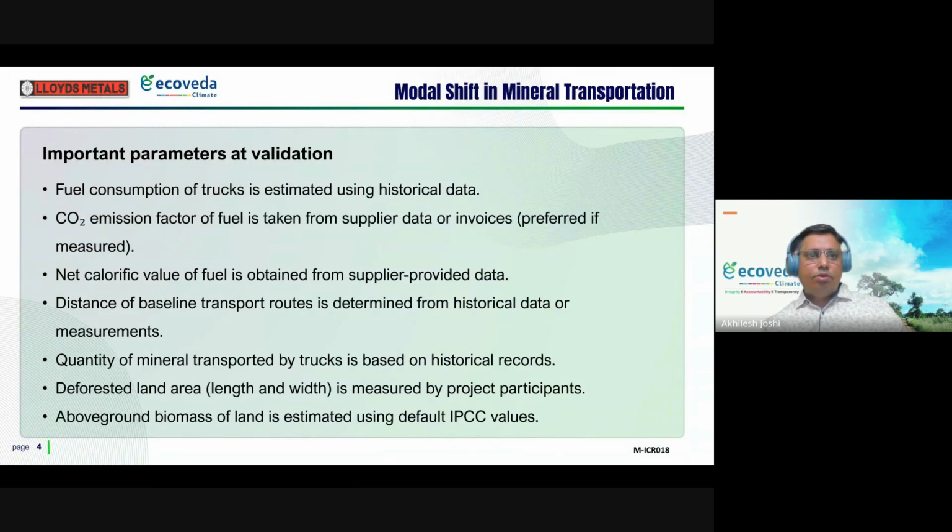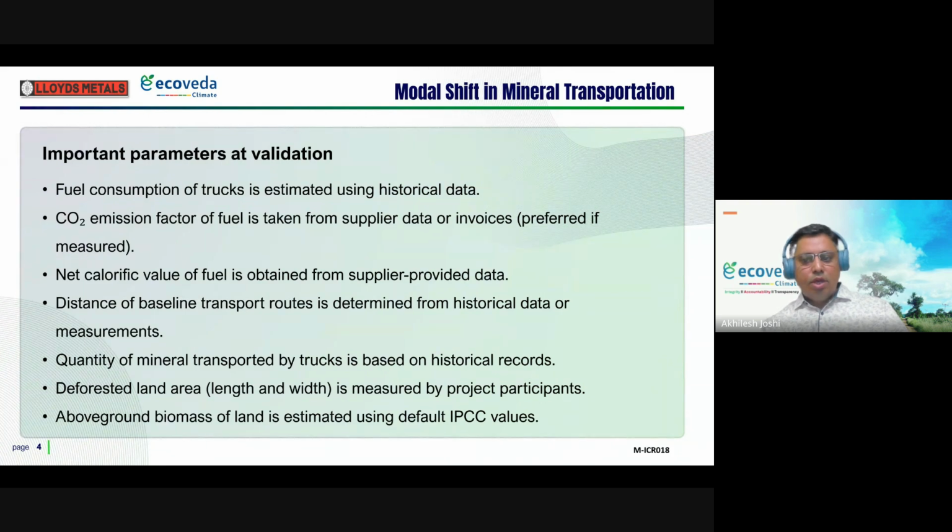But yes, if you go through the methodology in detail, there are option A and option B. Option B is the default value. Option A, you can calculate it if you have the real-time data of the road transport which was happening before the project activity. So we are keeping all the options open here. And then the CO2 emission factor of fuel is taken from supplier data.